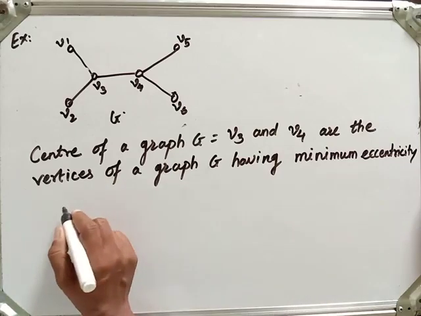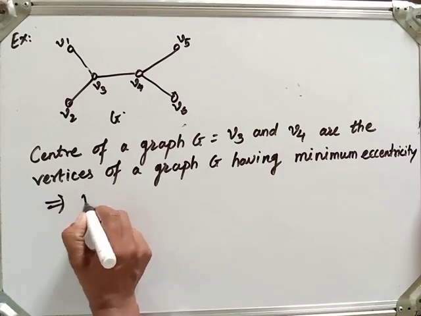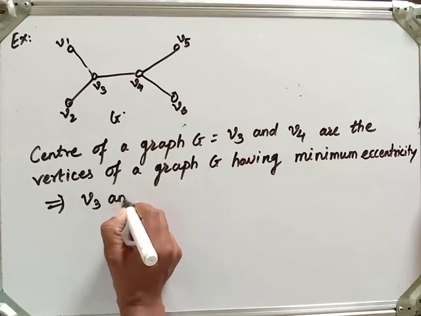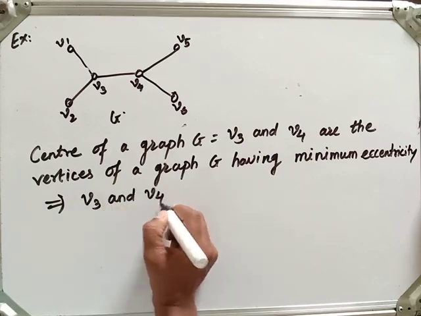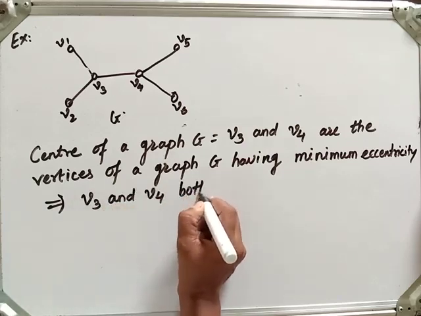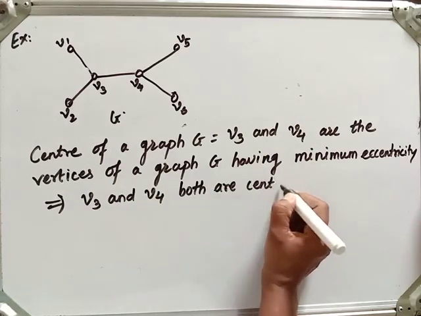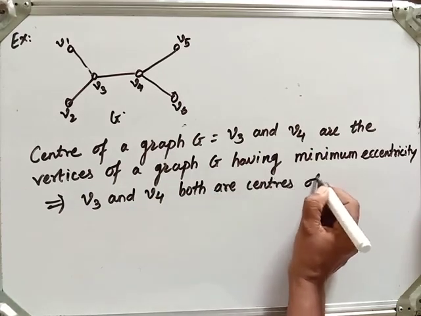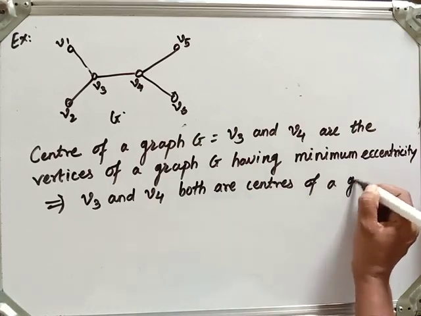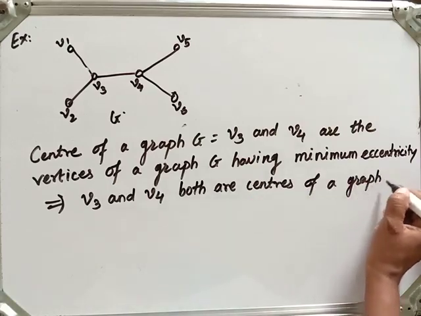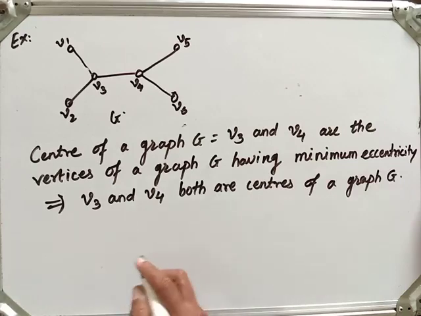Having minimum eccentricity. So this implies V3 and V4 both are centers of graph G.